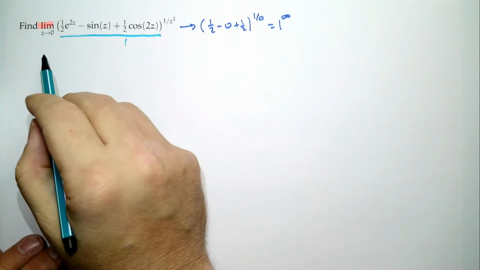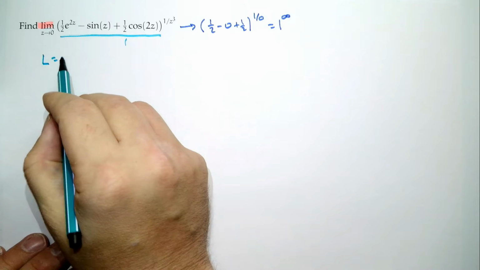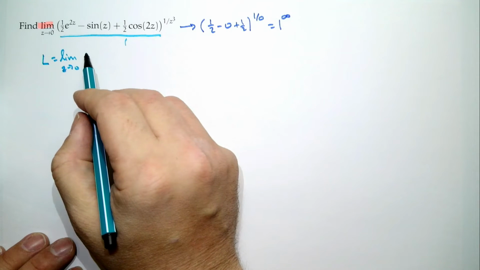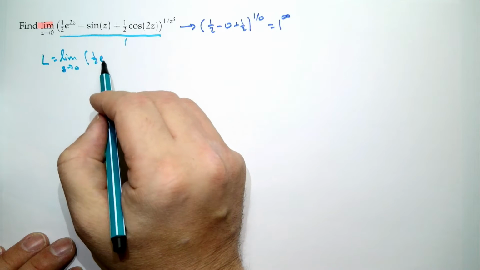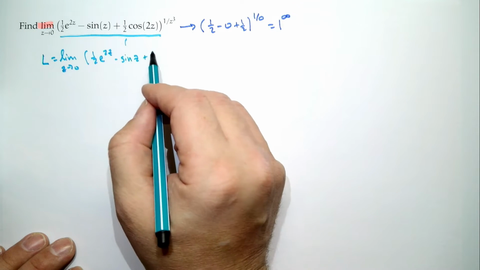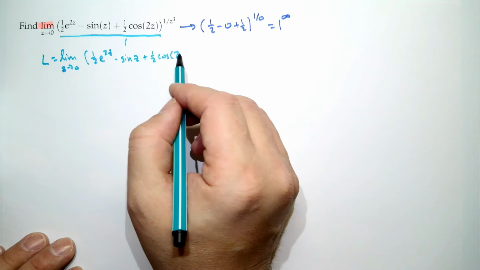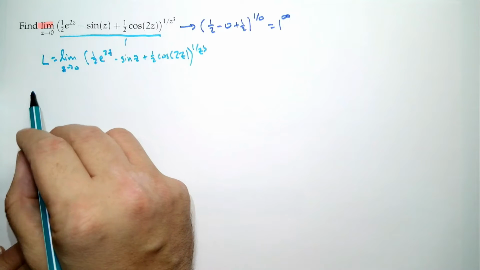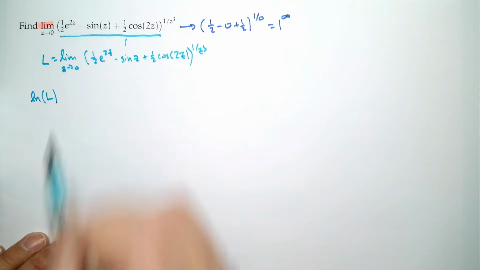So let's, for a second, we call L whatever our limit will turn out to be. We don't know what it is yet, but we're going to find it because we're persistent. All right, now what do we do? Well, we're going to take the log of both sides. So the log of L, and here's the nice thing.